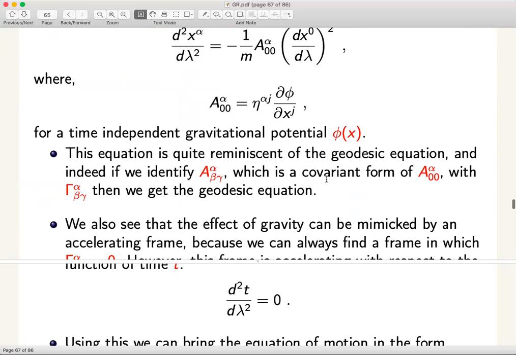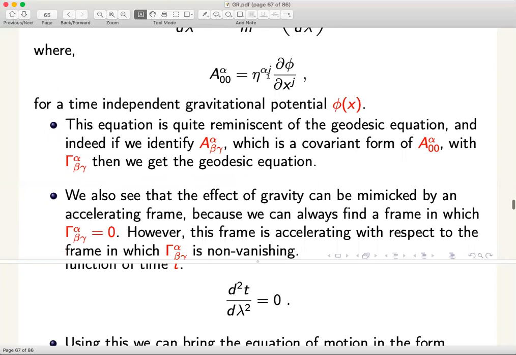So if we covariantize this quantity and say that it is a alpha beta gamma, then a alpha beta gamma can be identified with gamma alpha beta gamma, and if you do that, this equation basically reduces to the geodesic equation.